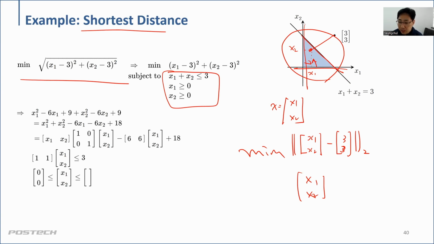All right? In that case, the two norm is the same as taking the square, because I don't want to have the root, so I want to get rid of it. The optimal solution does not change. Okay.